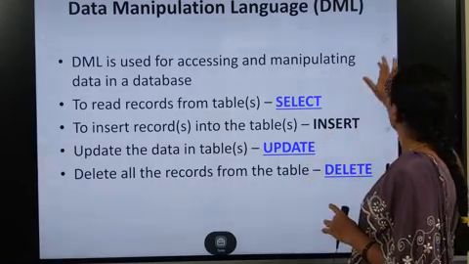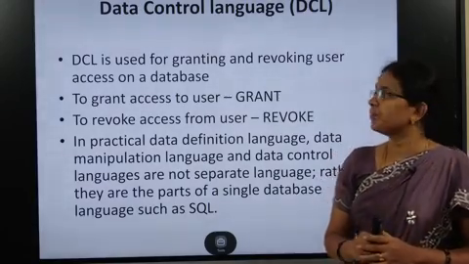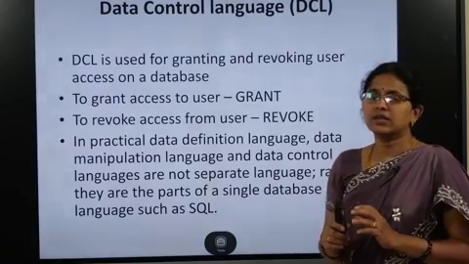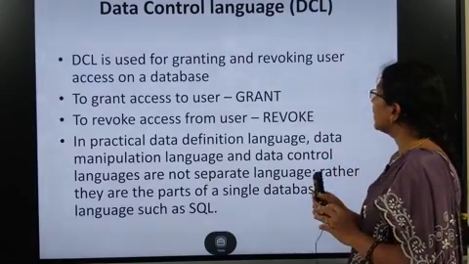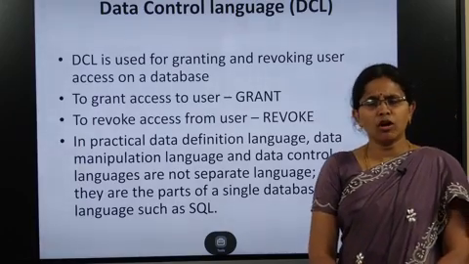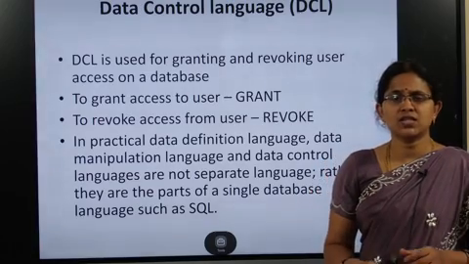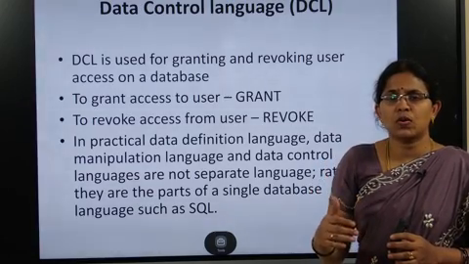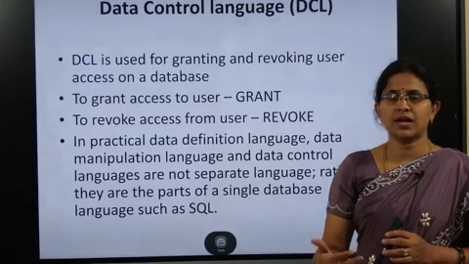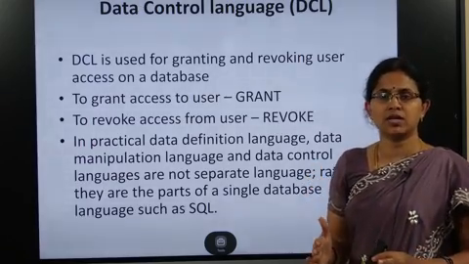The last one is data control language, DCL. It is used for granting and revoking user access on a database. Suppose any confidential information is there. In such cases, the organization doesn't want to give access to everyone and wants to give access only to a few persons or employees in the organization.